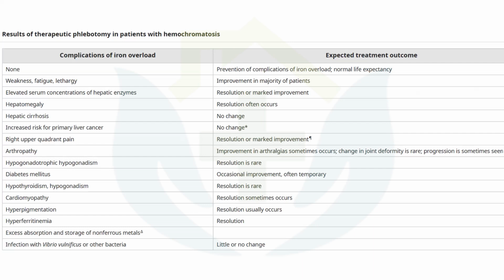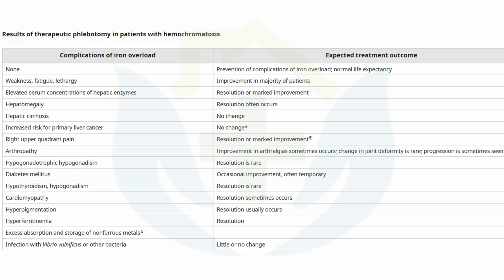If we do the phlebotomy, in those cases most of the symptoms will be resolved, but many will not be resolved. Like if the patient already has cirrhosis and hepatic damage has already happened, in those cases it will not come back, because that is irreversible damage. It's very obvious that it will not come back.